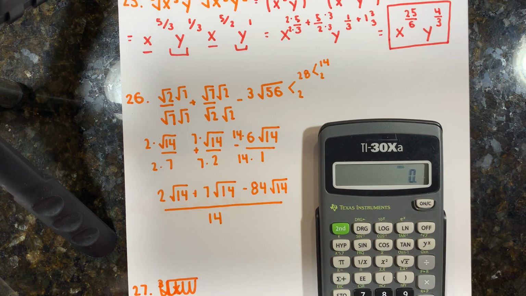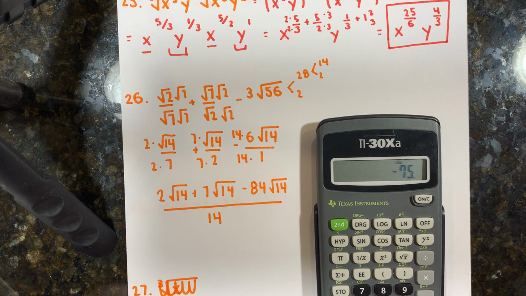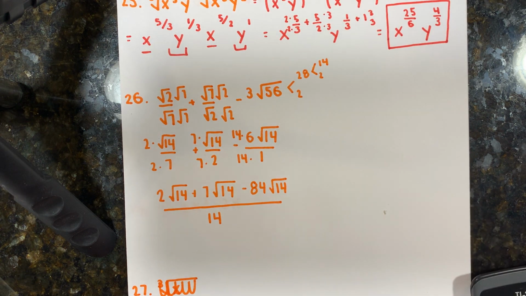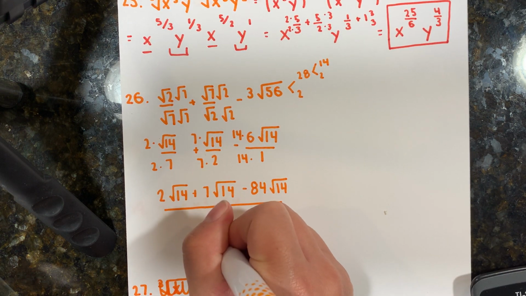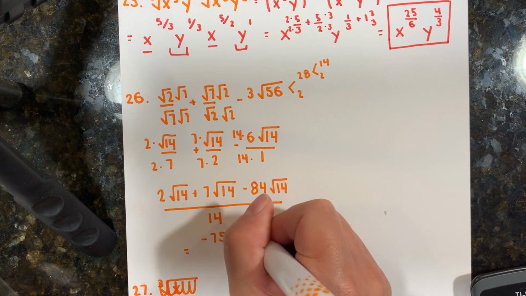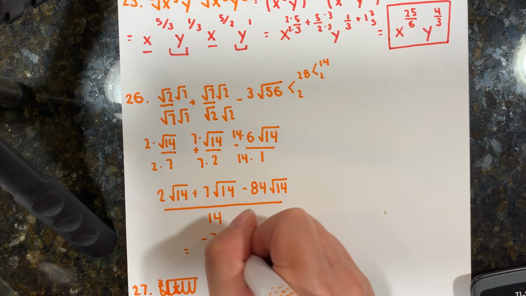So I have 2 plus 7 minus 84, which will give you negative 75 root 14 over 14.